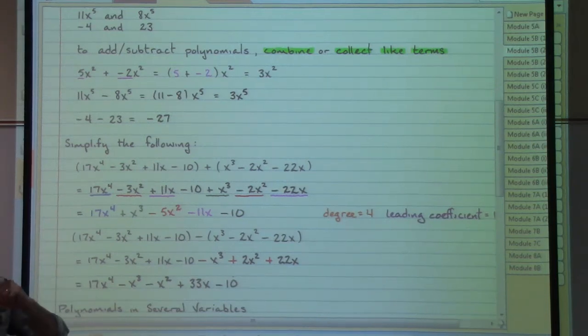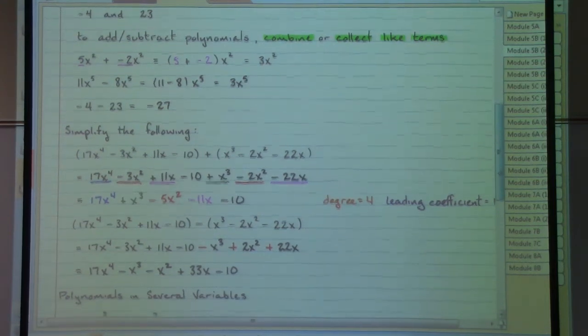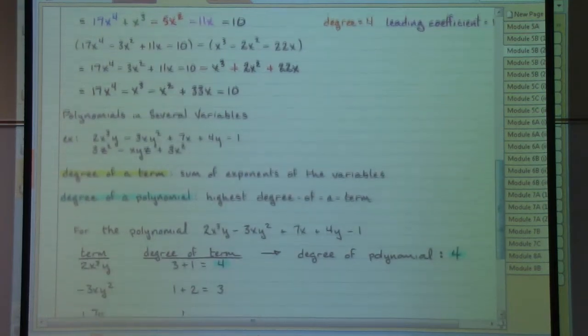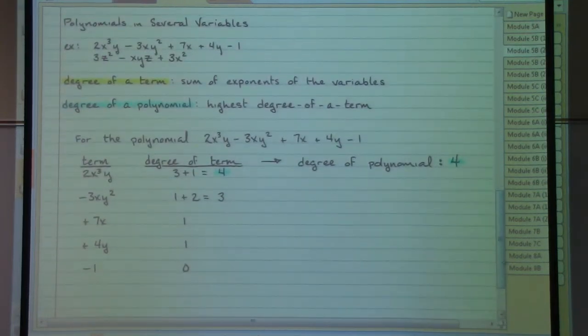However, you do want to make sure that you are working through things carefully and using your combining like terms. And that would even be the case, as you can see down here, if we have several variables that show up in our problem. If we have several variables that show up in our problem, our idea of combining like terms still holds. The only issue would be, how do we classify things?